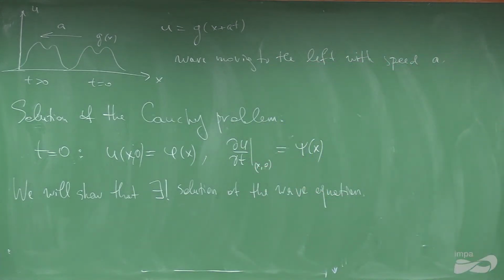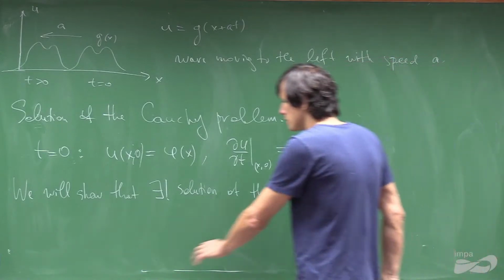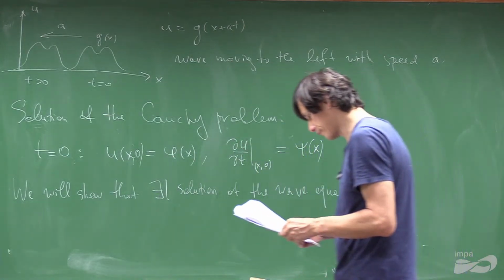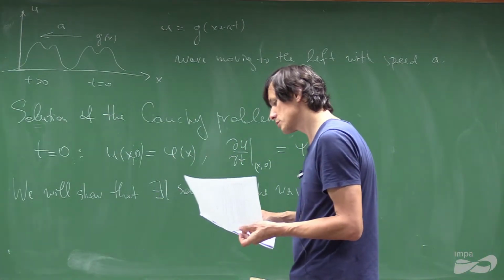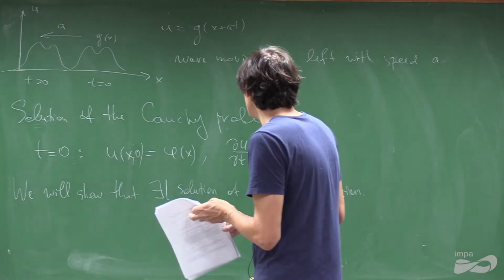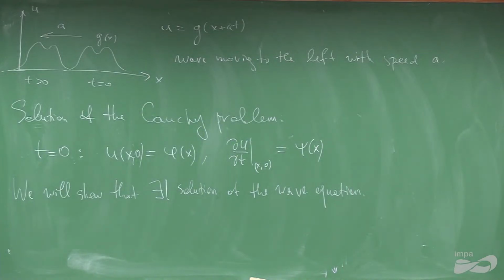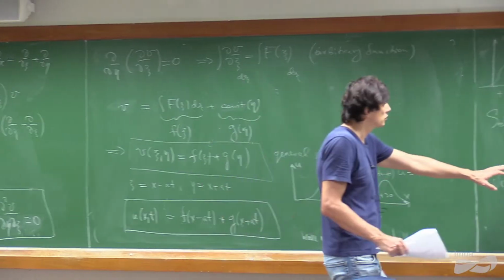So given the initial condition, we will show that there is a unique solution, which shows that this is the right formulation of the Cauchy problem for the wave equation. So how do you do this? Well, you just use the fact that we know the general solution. So we have to show that there are unique functions f and g which satisfy this initial condition.